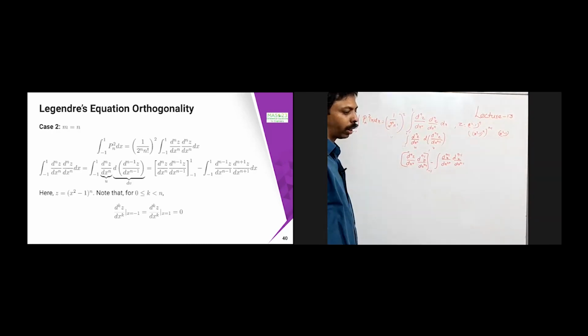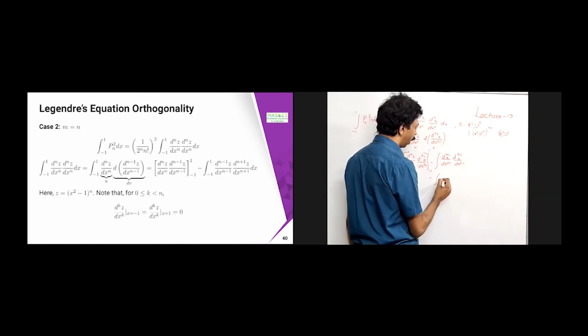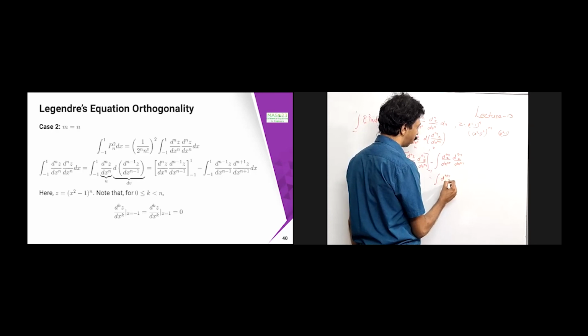So you keep on doing this. If you do this again, I can write this as minus d^(n plus 1) z by dx^(n plus 1) into d of d^(n minus 2) z by dx^(n minus 2).